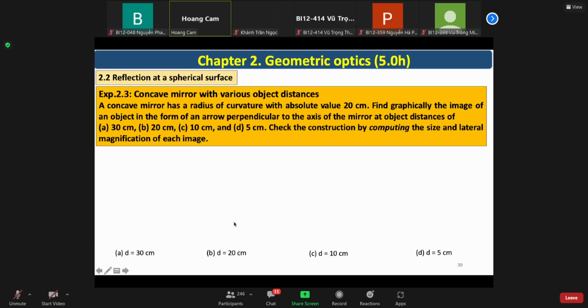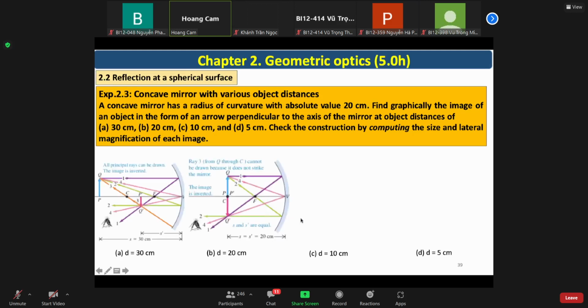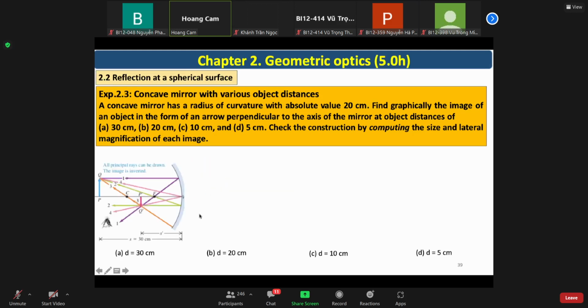So I will immediately show you the different graphical setup for that. Here we have the spherical mirror. In this case, it's a concave mirror. Here's the object, and here's the center of curvature.